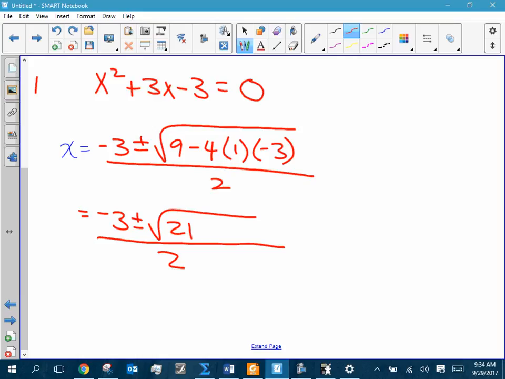Okay. Just a quick thing real quick. We talked about this in last class. When we want to reduce these, like radical 21, remember what we're trying to do, and we've done the prime factorization and all that kind of stuff in previous courses, but what we're really trying to do here is see what is the largest perfect square that will divide 21 and give me a whole number back, okay?